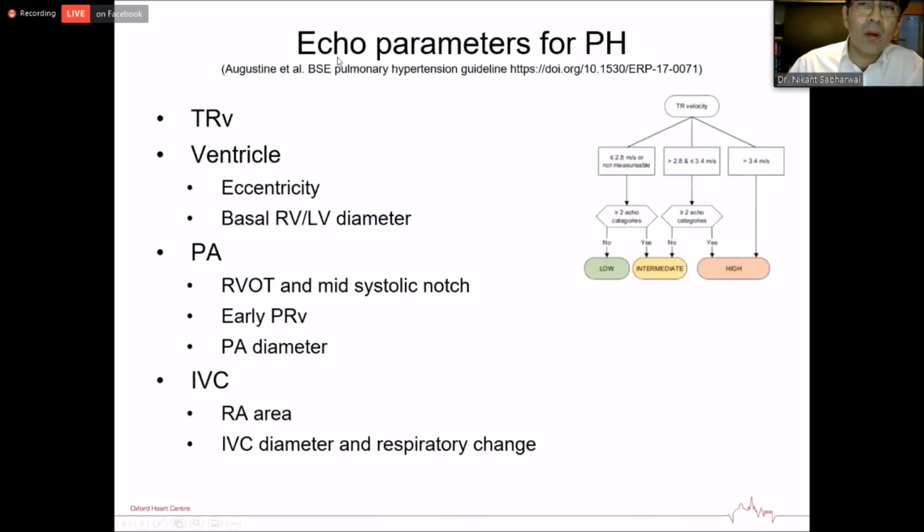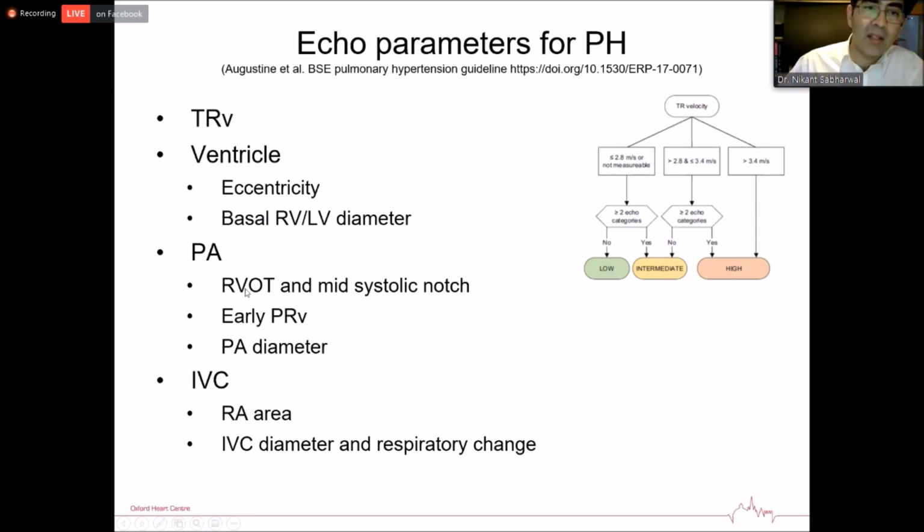So I'll go through these guidelines again. We look at the TR, you measure the velocity, and if it's anything less than 3.4, you have to look at your echo categories. The categories are based on ventricle, PA, or IVC and RA. If it's ventricle, it can either be eccentricity or a dilated RV.